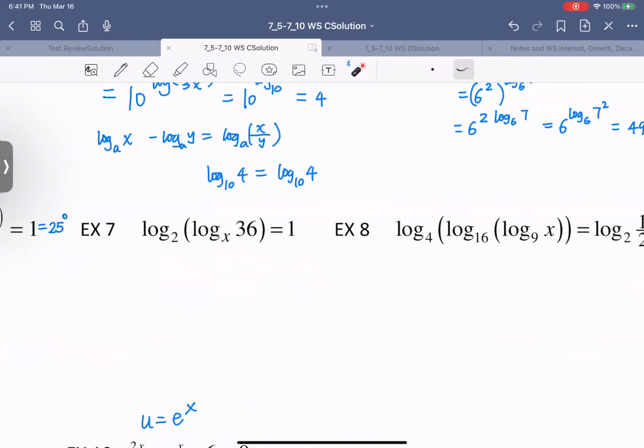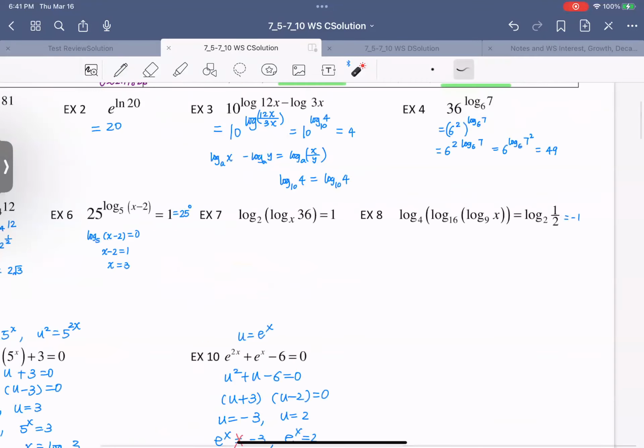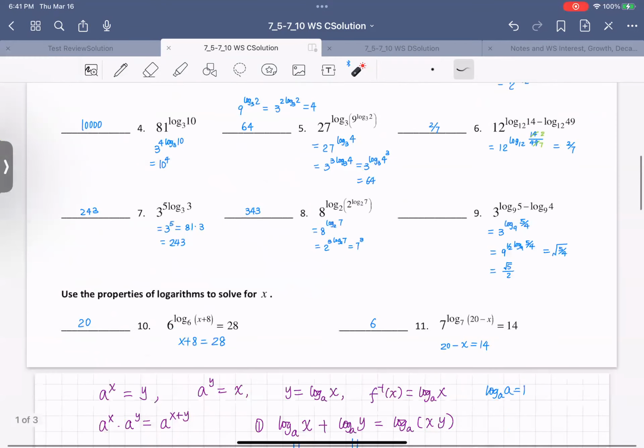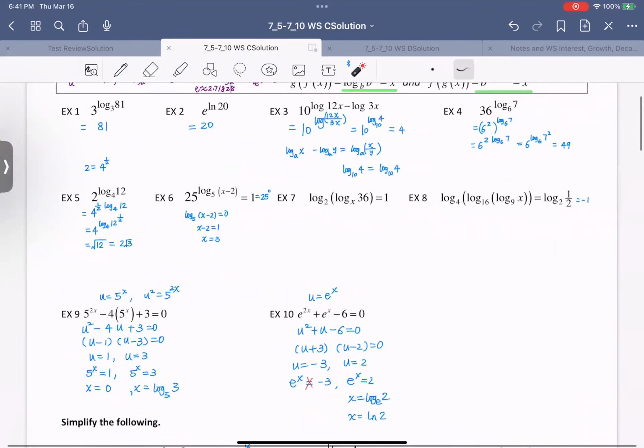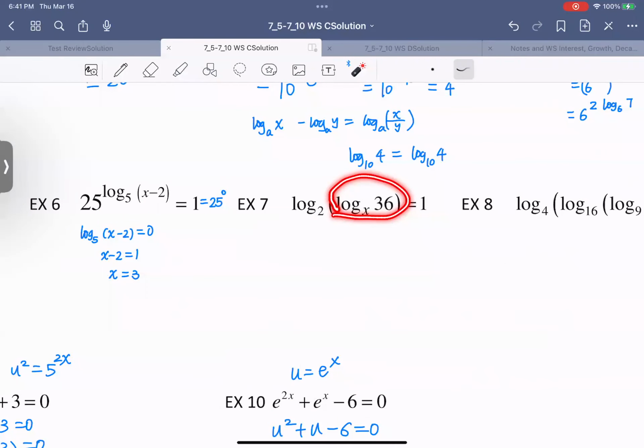Hold on. Not true. 2. Yes. When you see this, you always think that guy is base of 2, 2 to the power of this number. Make sense? Yes. So you have log base x here, 36, and then this is 2 to the power 1, which is 2, right? Yes.